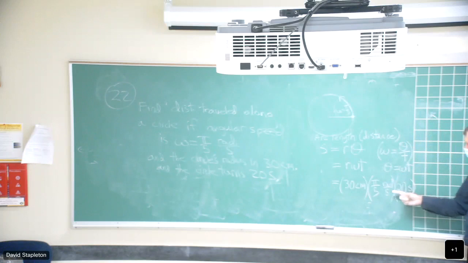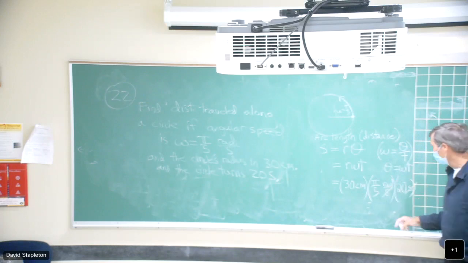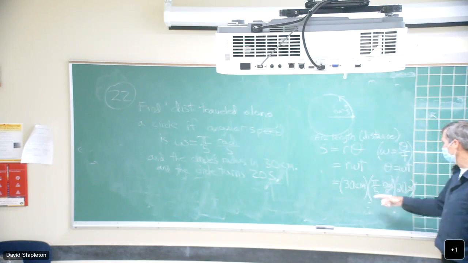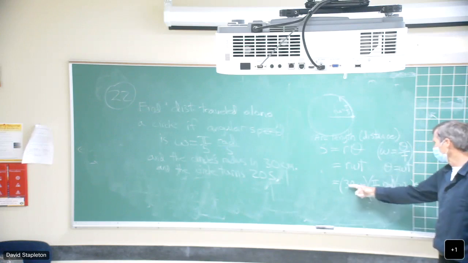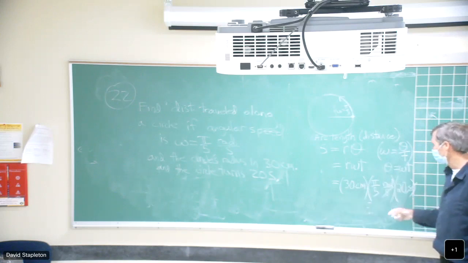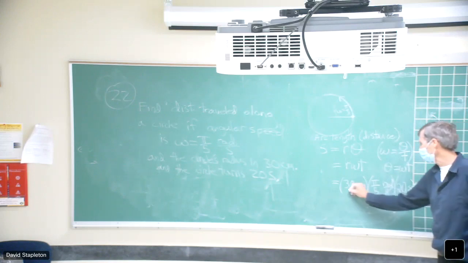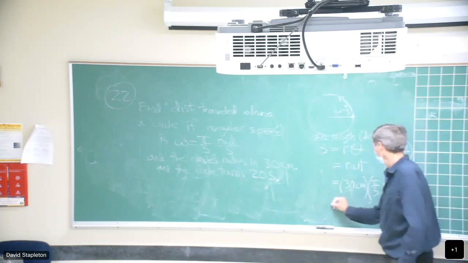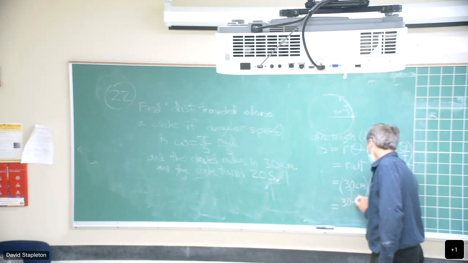If this one's in minutes and this one's in seconds, then you've got to convert them to cancel. Evidently, they're both in seconds here, so I'll just cancel them. The centimeter stays, it doesn't cancel, but the radians can go away because it's units. And sure enough, I get centimeters, distance traveled. So that's my hint there. So I need 30 times pi times 20 over 5.